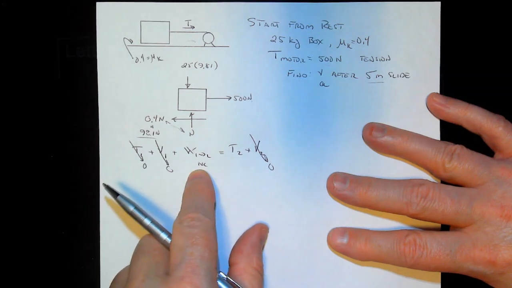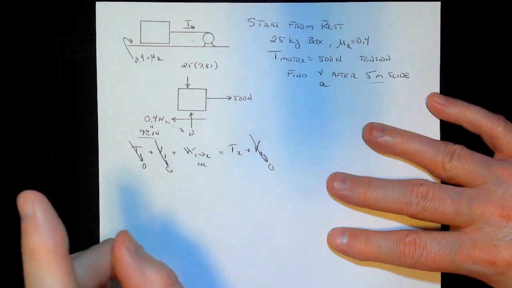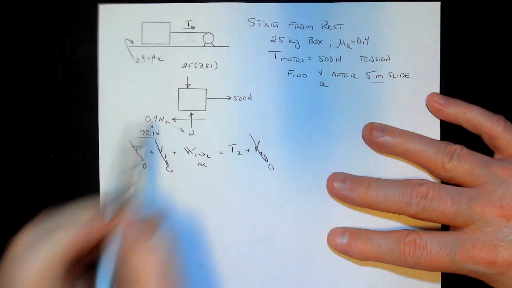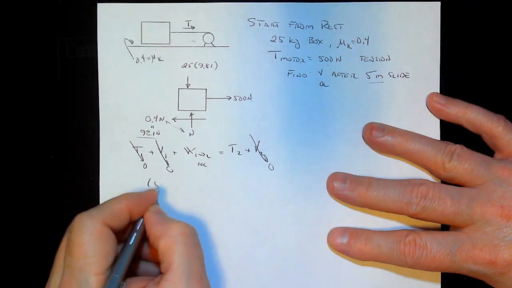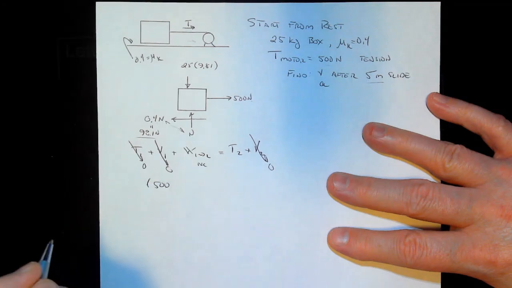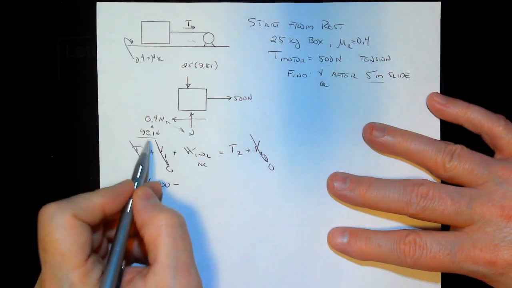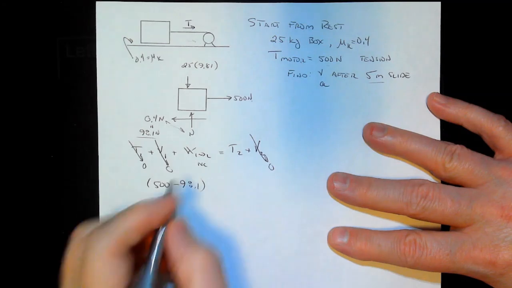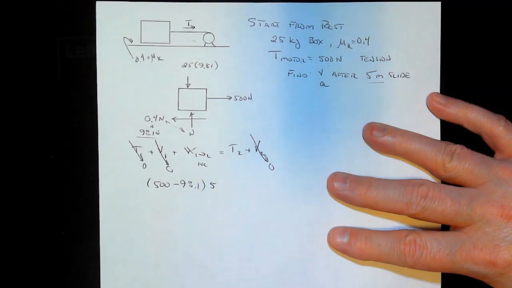Non-conservative work. There are two things doing non-conservative work here: we have a motor, and we have friction. The motor going one way will produce positive work, minus the 98.1 of friction going the other way, going through a distance of 5 meters.